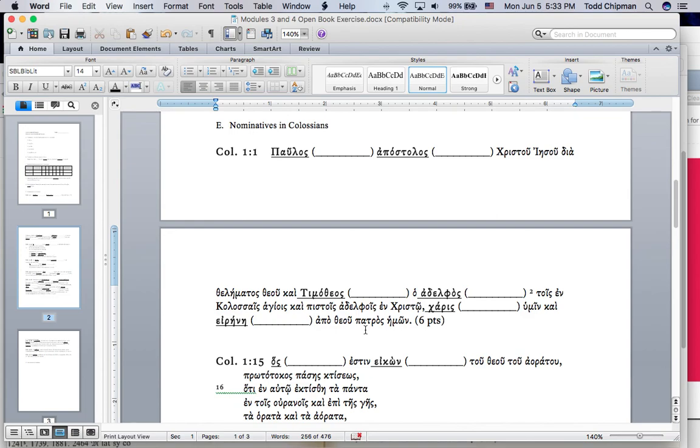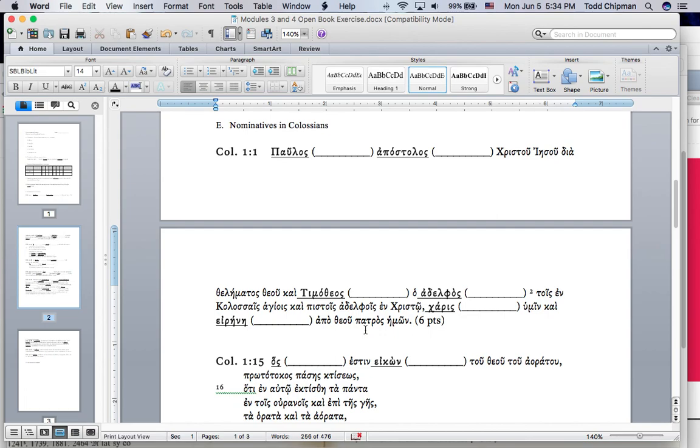And you see Paulos, and if you have the textbook open, names in the nominative at the beginning of sentences, or especially at the beginning of epistles. Nominative absolute, completely independent grammatically, but here obviously the writer Paulos, and then apostolos.